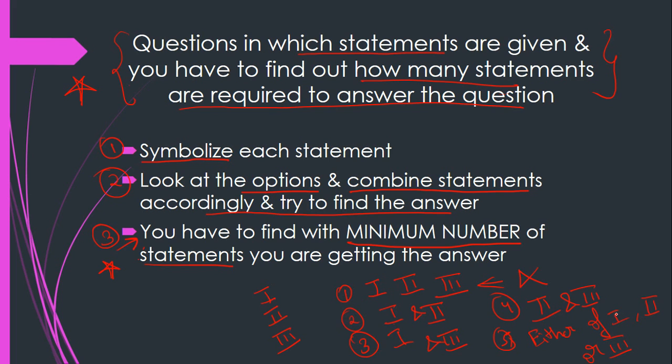That means the first alone can answer your question, or the second alone, or the third alone. So you have to look at the minimum number.